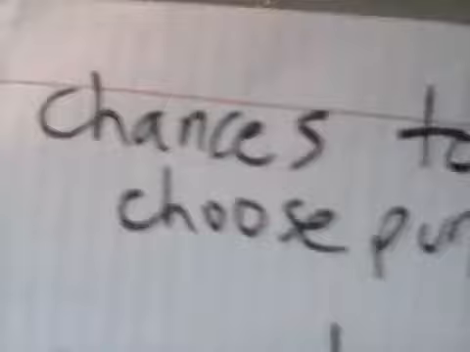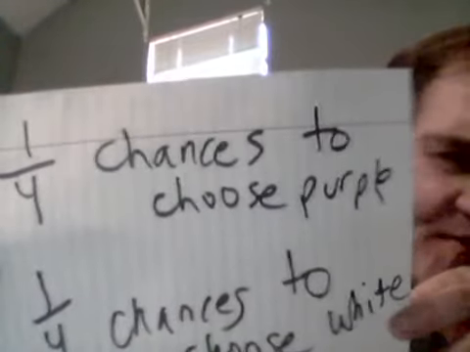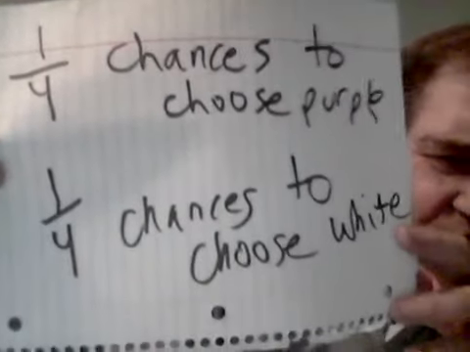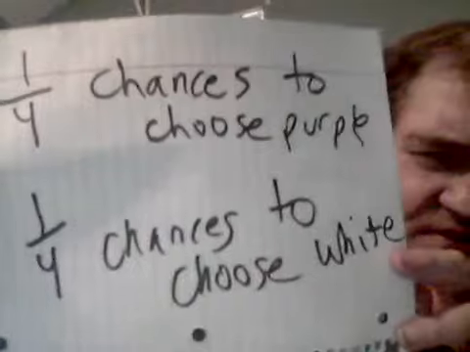So, what does that mean? 1 in 4 chances to choose a purple in the 1 bowl. 1 in 4 chances to choose white in the other bowl.